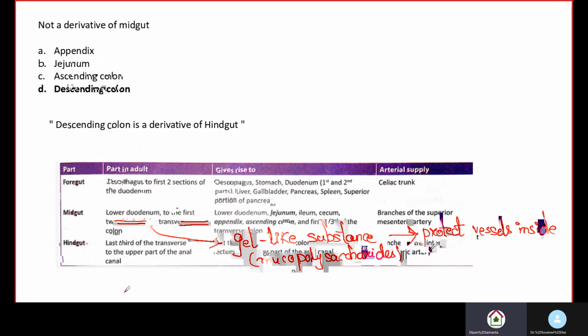So inside of this umbilical cord, there are two arteries and one vein, allantois, and remains of vitellointestinal duct.